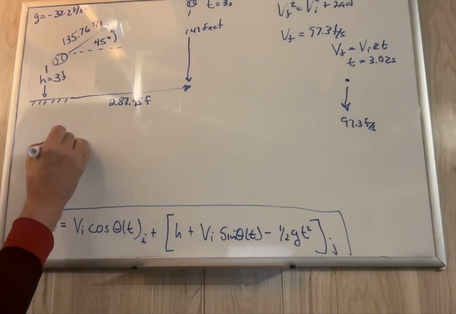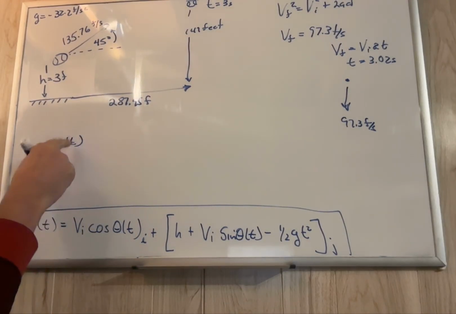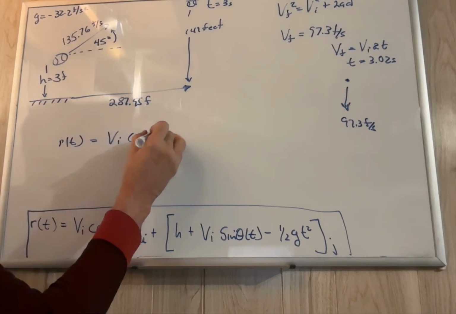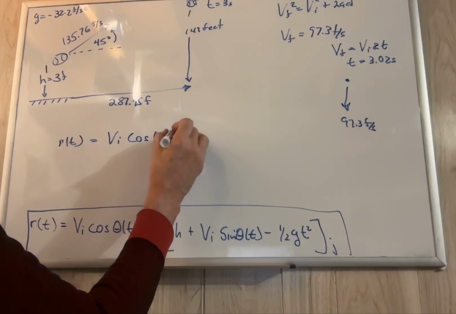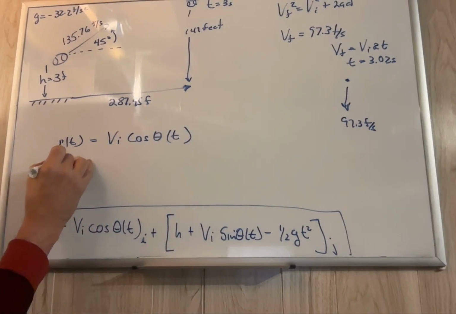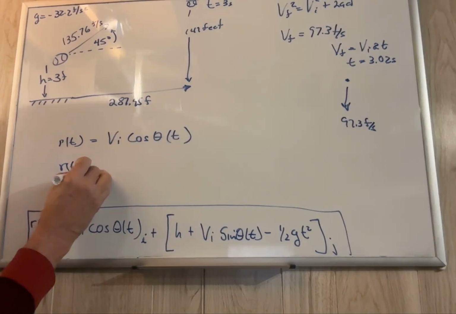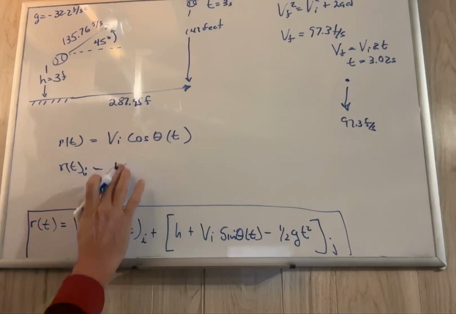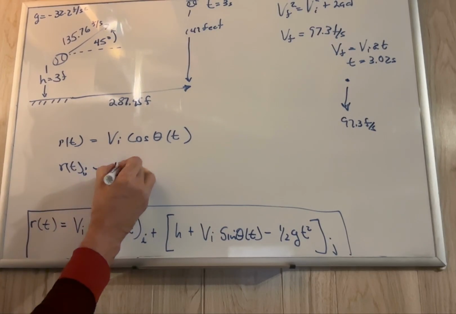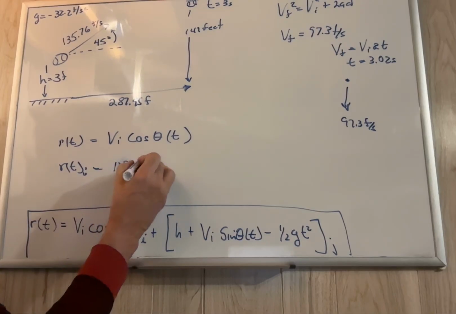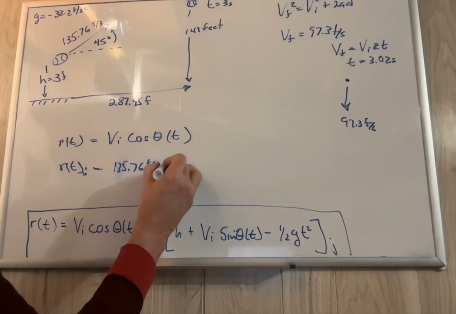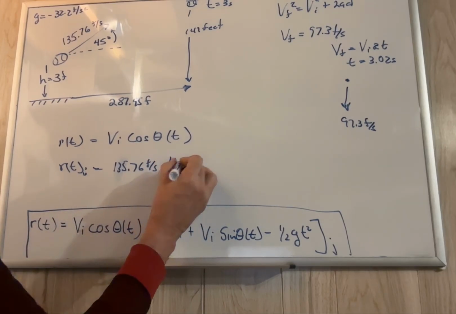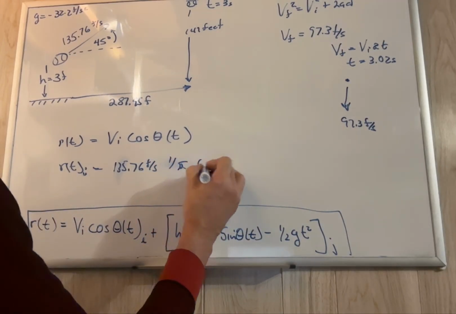Let's do that. R of T at 6 seconds equals velocity initial cosine theta times T, right? So our R of T in the I direction is going to be equal to velocity initial, 135.76 feet per second, cosine of 45 degrees, which is 1 over the square root of 2, times 6 seconds.